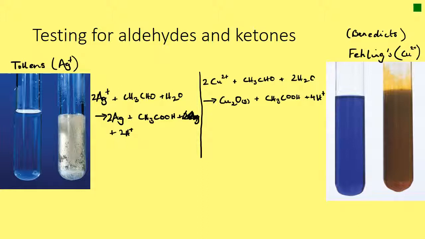So that's the reaction that happens with Fehling's solution. Again, you've got copper 2+ ions being reduced to copper 1+ ions, and the color change in that reaction shows that it's an aldehyde that's doing the reducing and getting oxidized in the process. But with ketones, that doesn't happen.